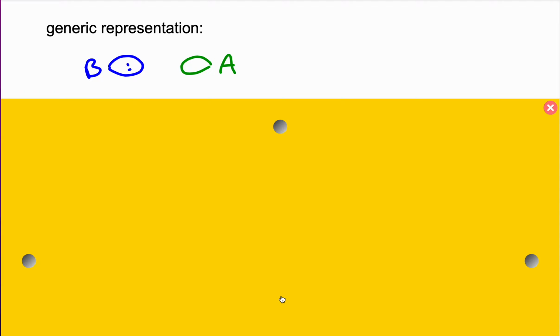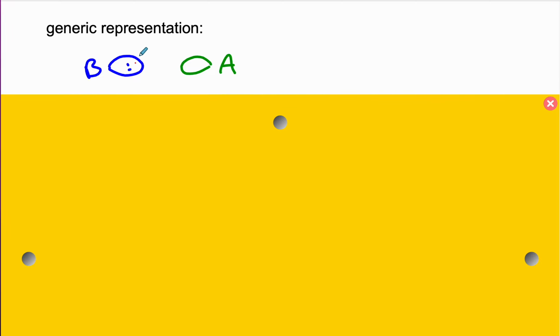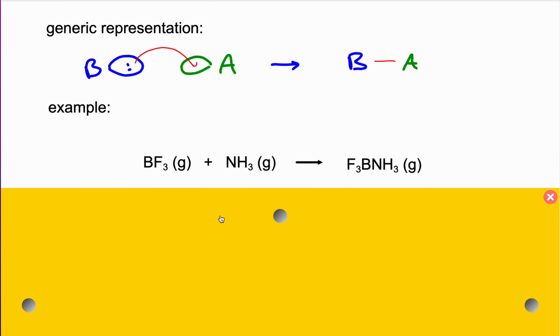So the Lewis base gives away its electron pair to the acid, and in the process, a new covalent bond is formed between what used to be the Lewis base and the Lewis acid. Let me give you an example of that.